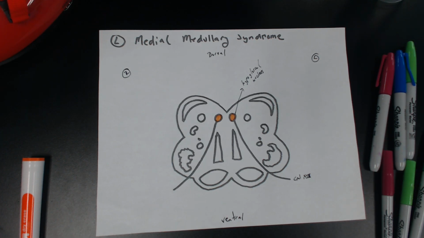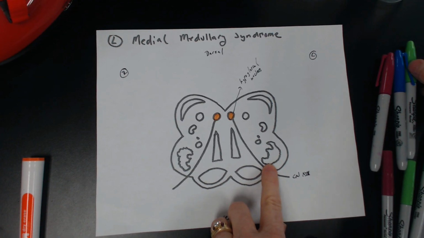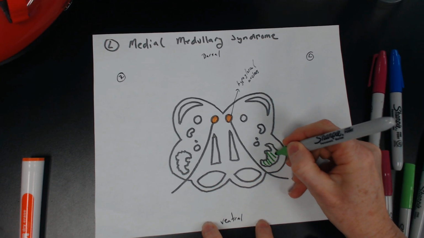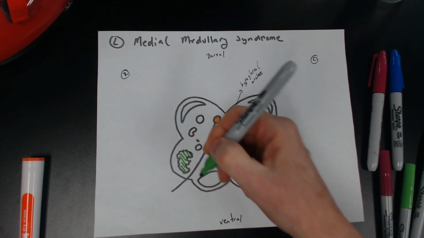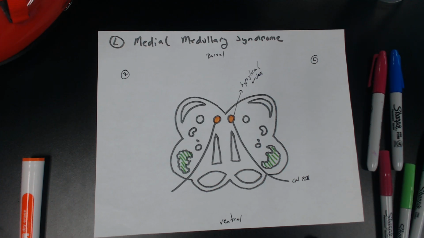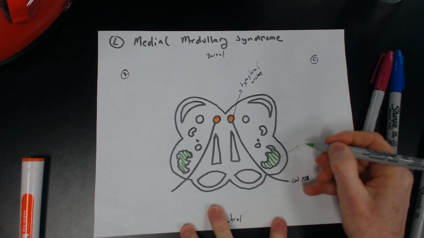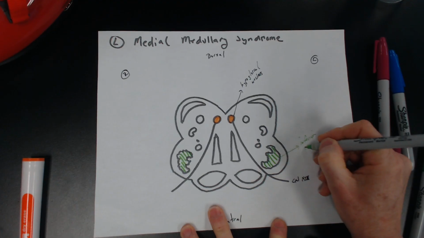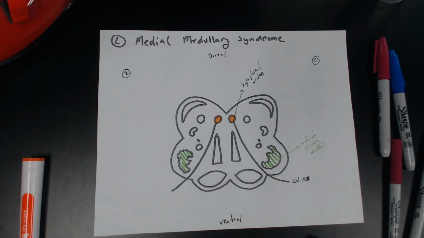Since this is the pre-olivary sulcus, that makes this thing here the inferior olivary nucleus. Remember, inferior olivary nucleus is going to be associated with cerebellar function, motor learning.